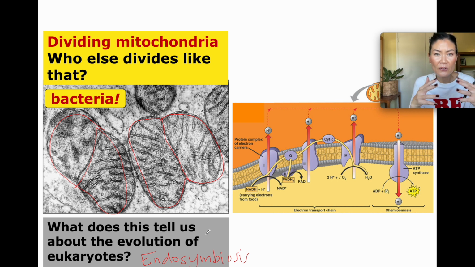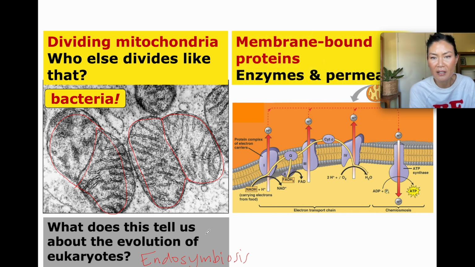Now mitochondria are living within our cells, and they are now an organelle. But they used to be little prokaryotes because they have their own DNA, their own ribosomes, etc.